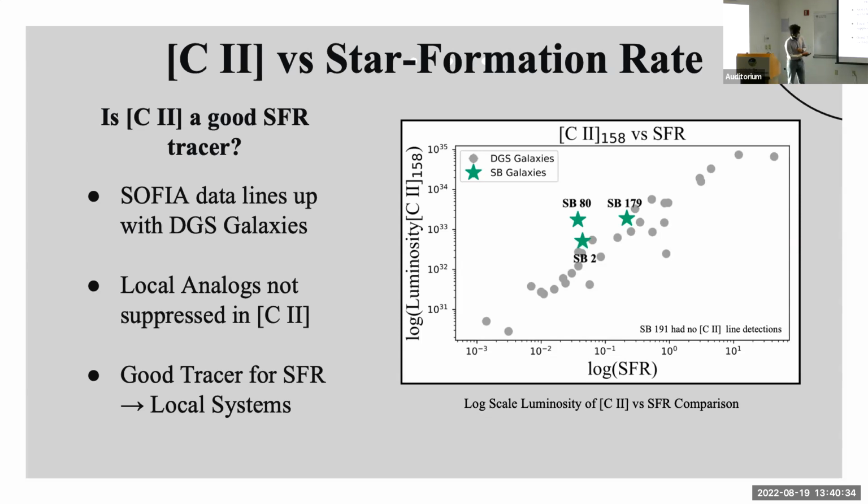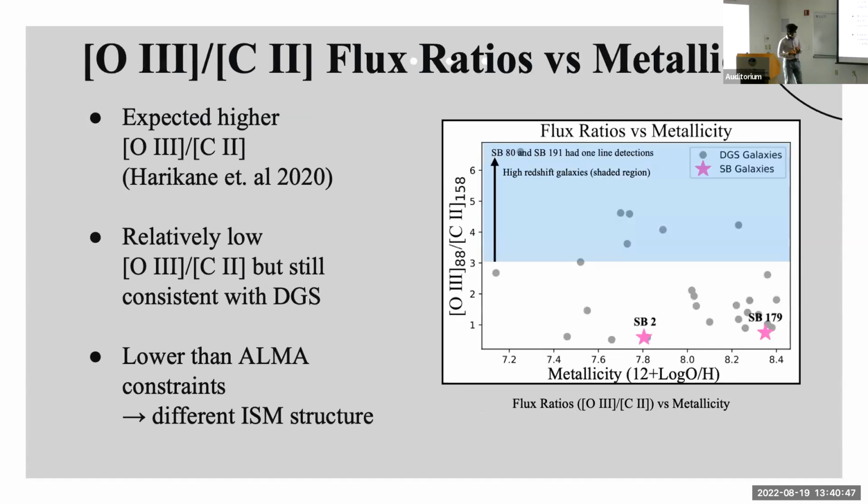Over here, we observe that SB80 is a bit deviated from the trend line, but we believe this could be because of how the interstellar medium is structured, which is causing this deviation. Next, we looked at the flux ratios of O3 over C2, plotted on the y-axis against the metallicity of these galaxies.